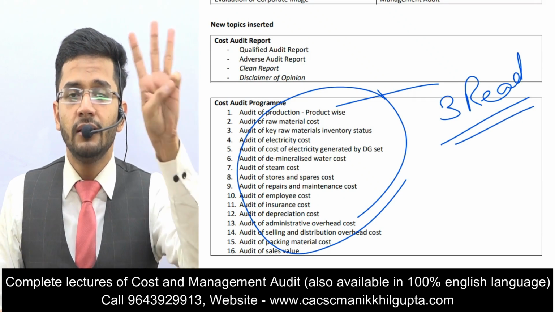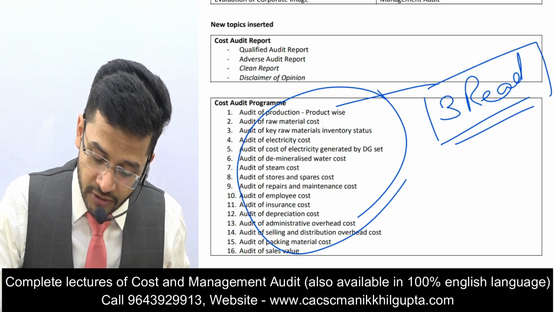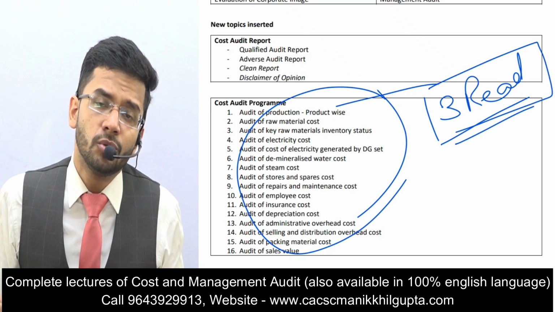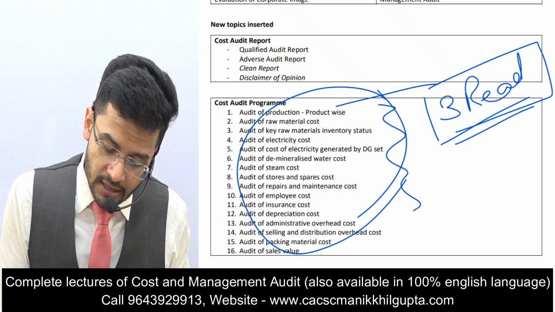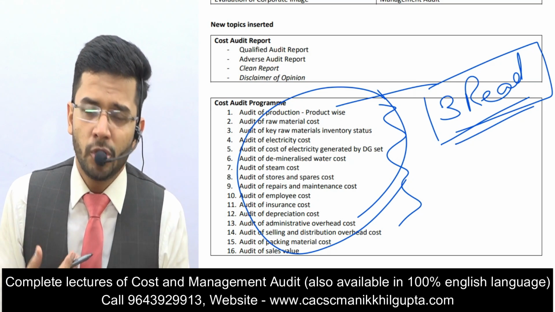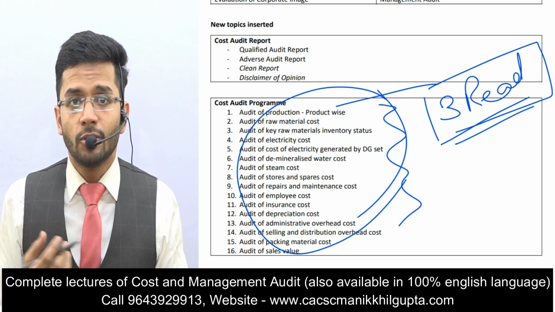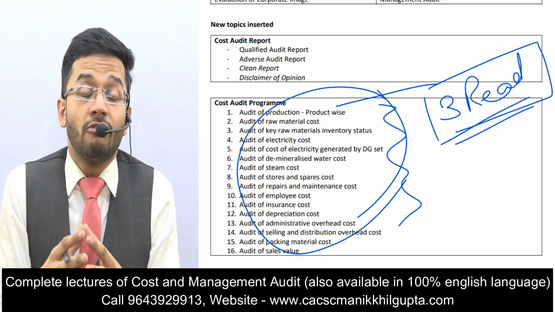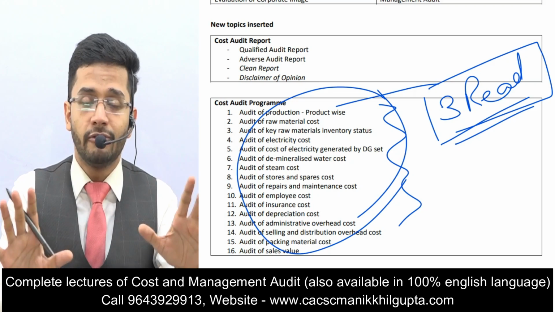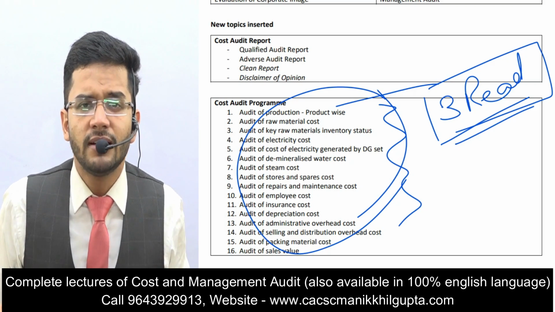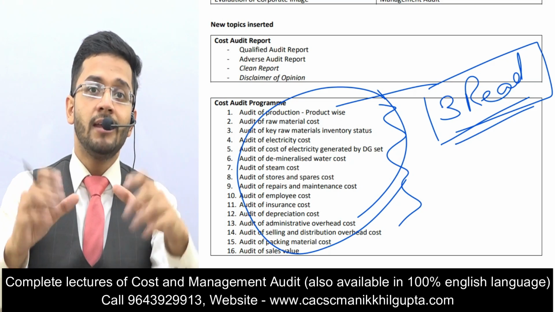If you do a 3 read of these cost audit programs before your examination, you will pretty easily be able to remember them. So no need to additionally put in an effort to say that, okay sir, I'm going to learn and mugify every bit of it. No need of doing that, because these are based on your common sense, on your general understanding of how a particular area can be audited.